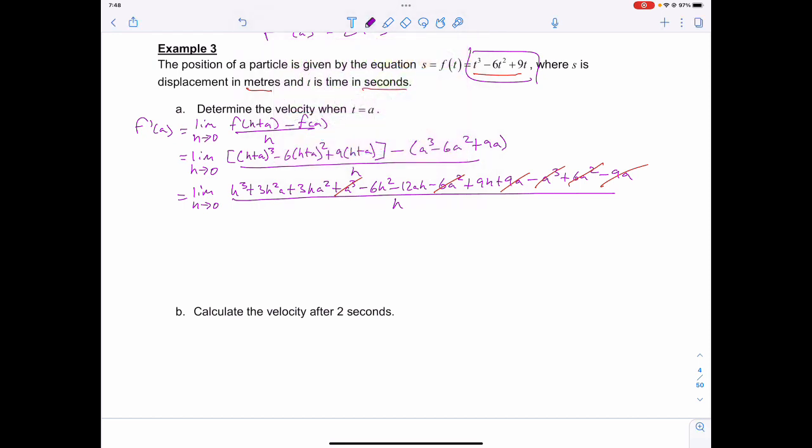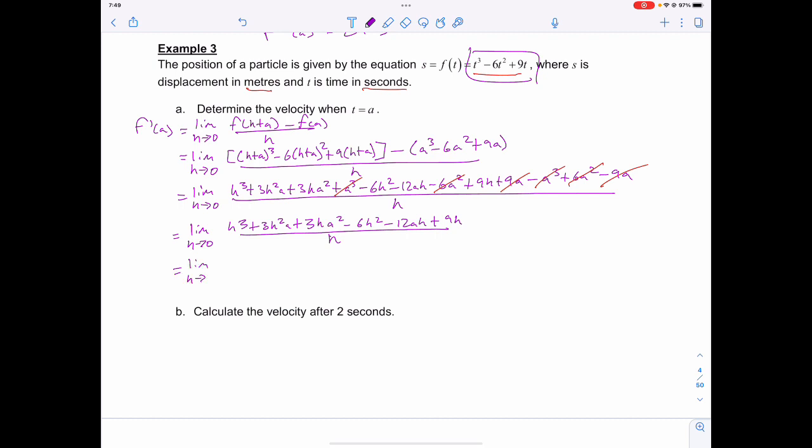And all I'm left with is the limit as h approaches 0 of h cubed plus 3h squared a plus 3ha squared minus 6h squared minus 12ah plus 9h all over h. And even though we have way more terms than in our previous examples, we still have a common factor of h throughout all of these.